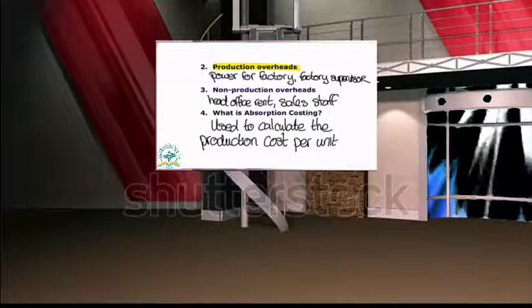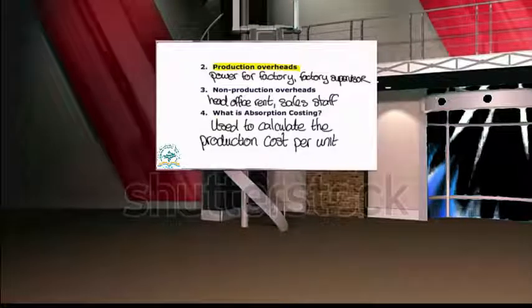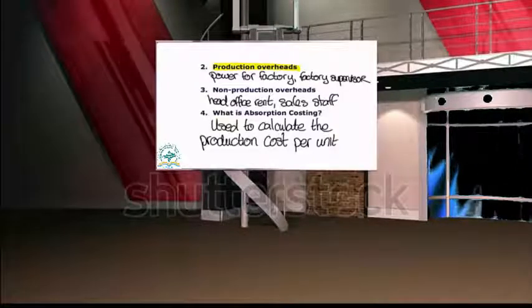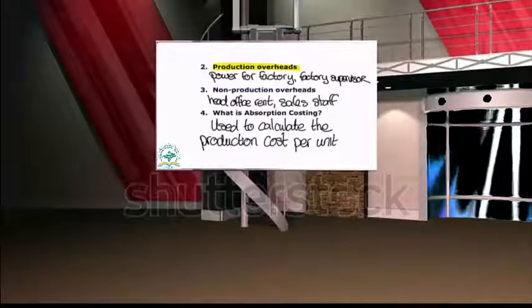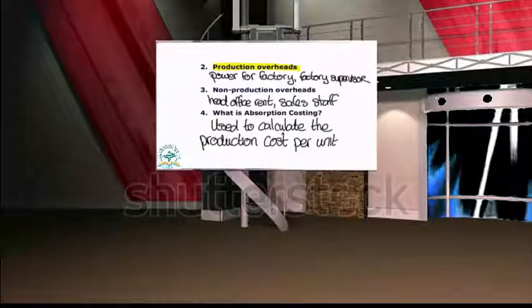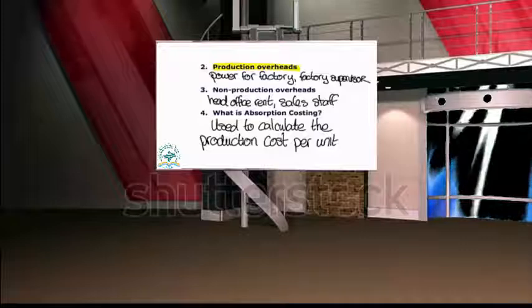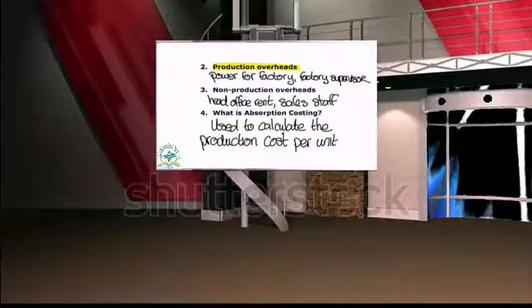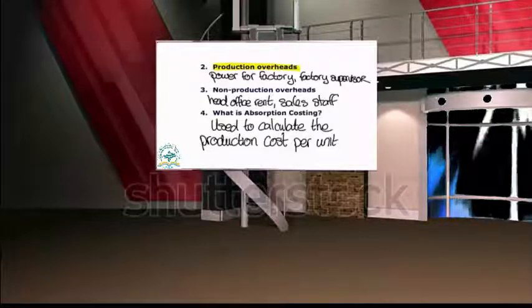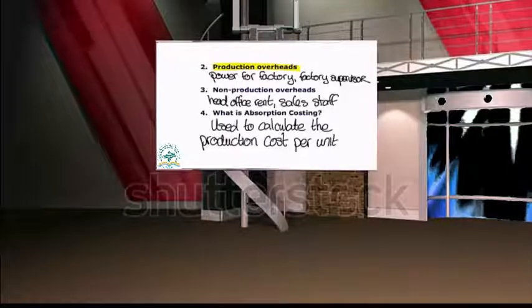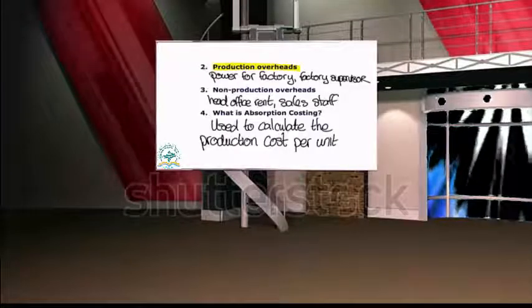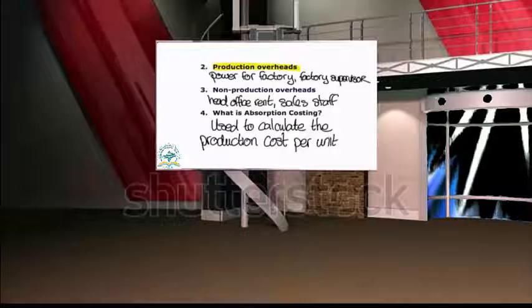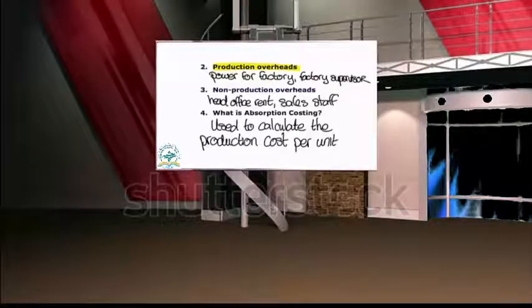In absorption costing, we will get to the point where we have calculated our production cost per unit. What we're going to look at next is a bit of a flow diagram for the absorption costing process, and we can refer back to this at each step so that we always understand where we are at each point and what our final aim is.